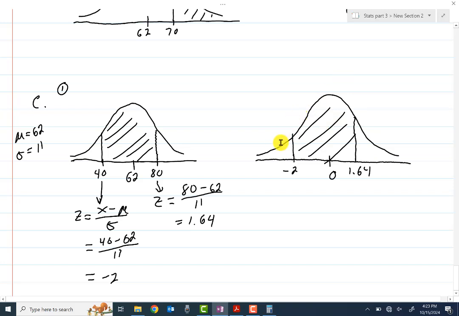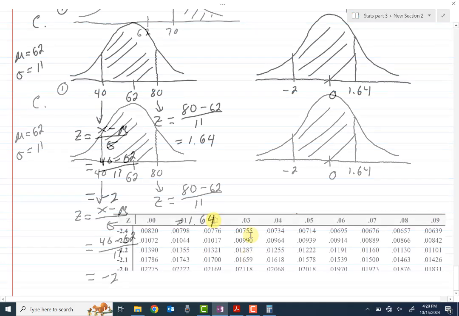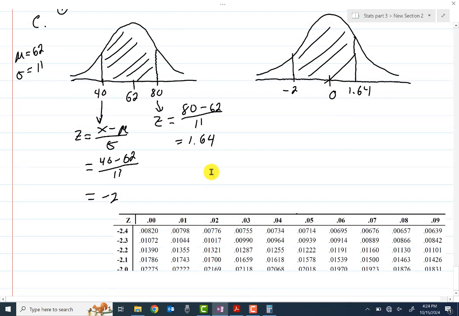This white space can be looked up directly in the table. Just look up -2 in the table. Here's the relevant section here. -2.0 is down here. Oh, I've almost cut it off, I think. That's 0.2275.